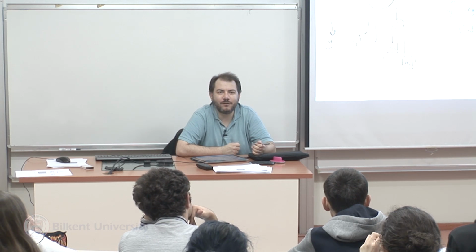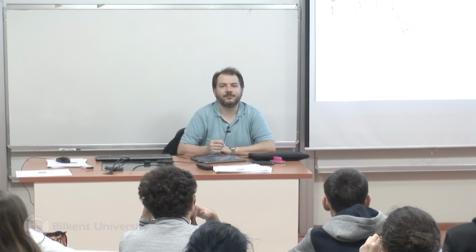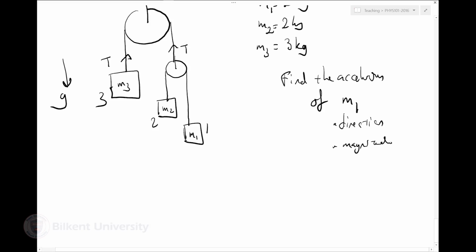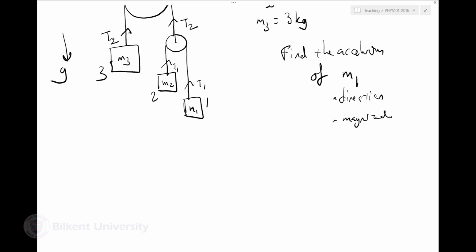But how are we going to solve this problem? Now, here I have tension, right? Let me call this tension, for lack of a better name, T2. And here I have another tension, T1. Now, the free body diagrams are very simple.